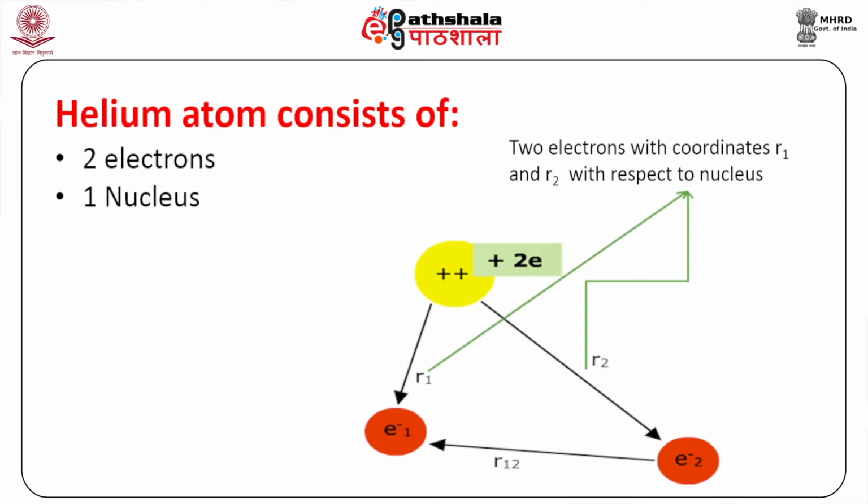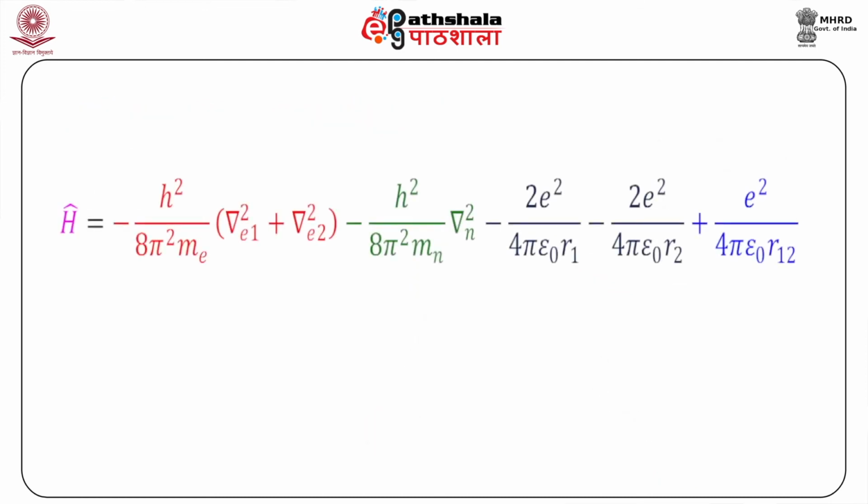The Schrödinger equation for helium atom is given in equation 9, that is, minus h square upon 8 pi square me, where me is the mass of electron, into delta E1 square plus delta E2 square, where E1 and E2 refer to electron 1 and 2, minus h square upon 8 pi square mn, where mn is the mass of the nucleus, into delta n square, minus 2e square upon 4 pi epsilon naught r1 for electron 1, minus 2e square upon 4 pi epsilon naught r2 for electron 2, plus e square upon 4 pi epsilon naught r12. That is the interelectronic term.